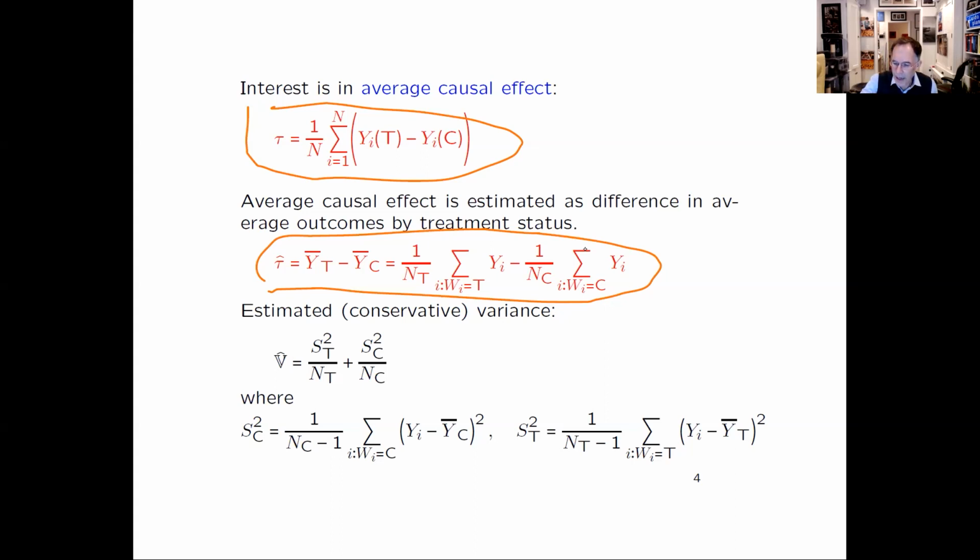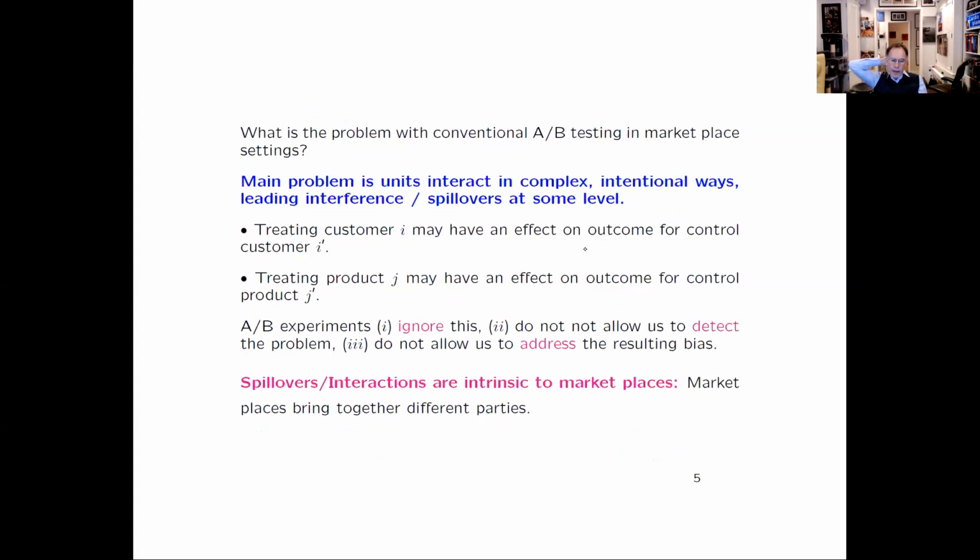We would get a conservative estimator for the variance based on the work by Neyman, and we would be done. We would get an estimate of the average effect, we would know how to do inference for that, and all would be very well. So what is the problem with doing that in the settings I just described?